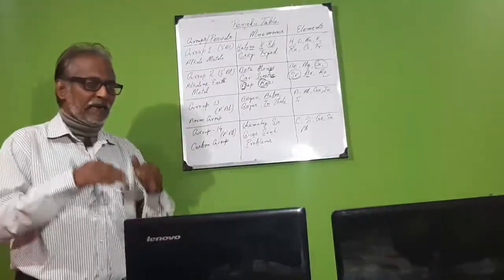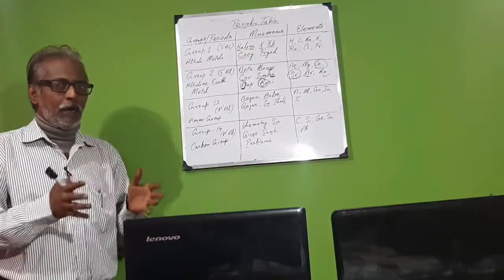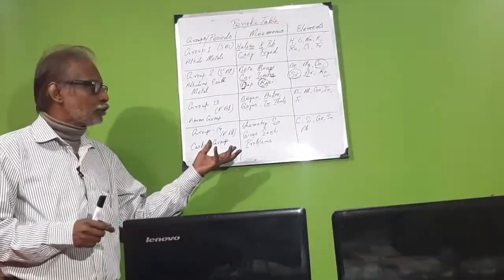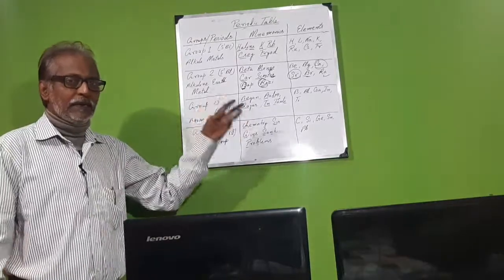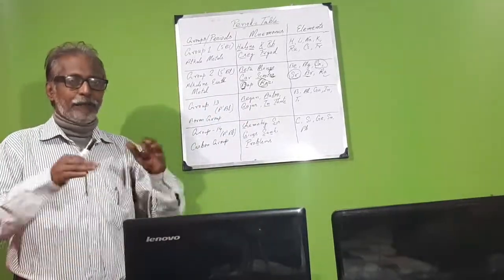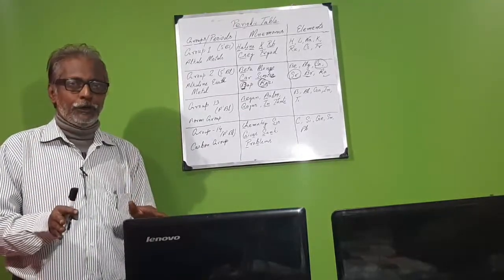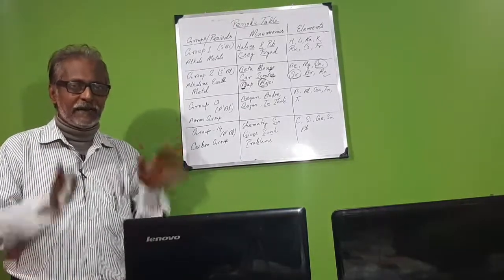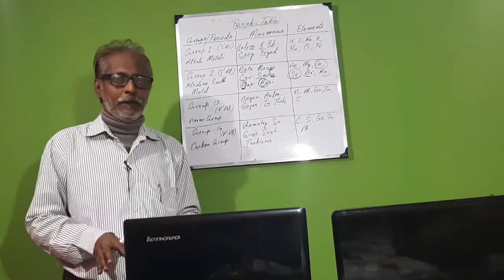So this is part 1 of the periodic table, and I am going to show you more and more in this video so that you can understand, and in future it will be better for you to learn, memorize and understand the periodic table.